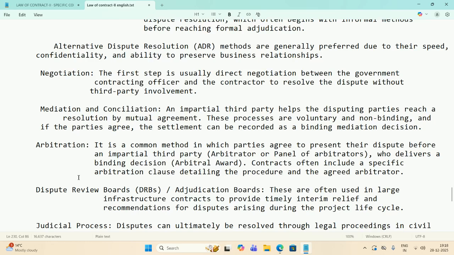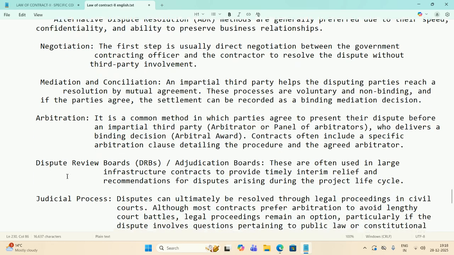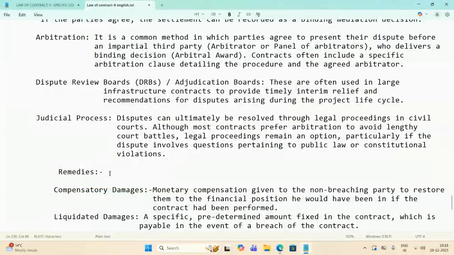Contracts often include a specific arbitration clause detailing the procedure and the agreed arbitrator. Now, dispute review boards, DRBs, and adjudication boards. These are often used in large infrastructure contracts to provide timely interim relief and recommendations for disputes arising during the project life cycle.